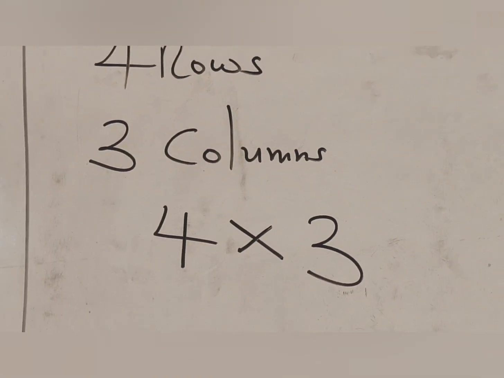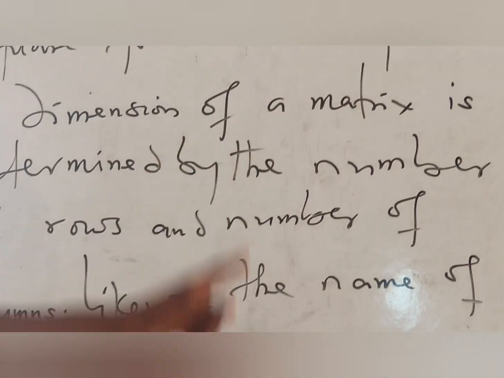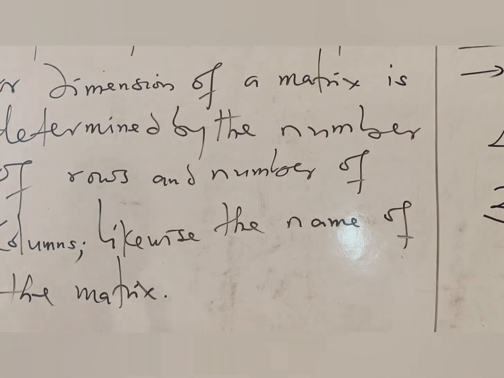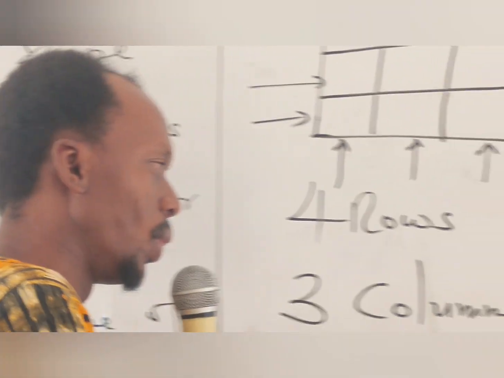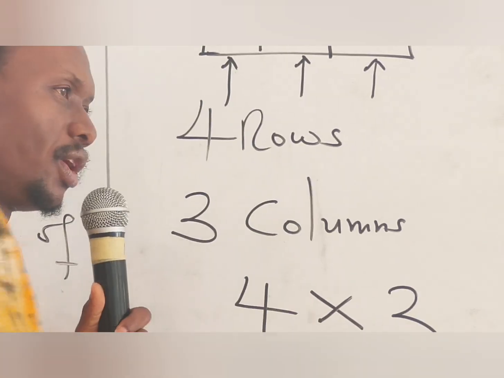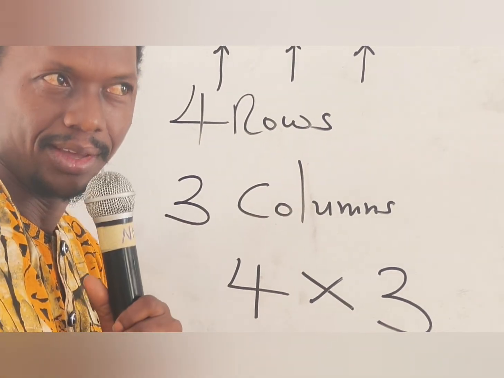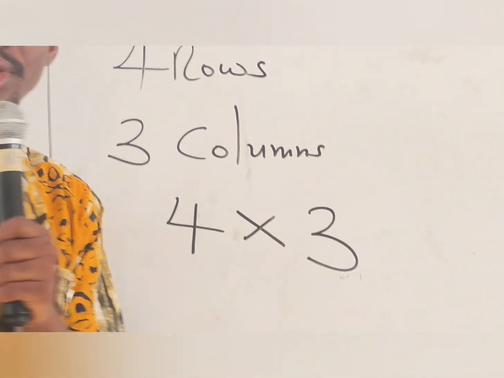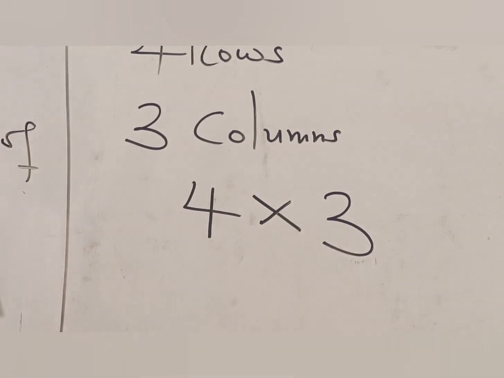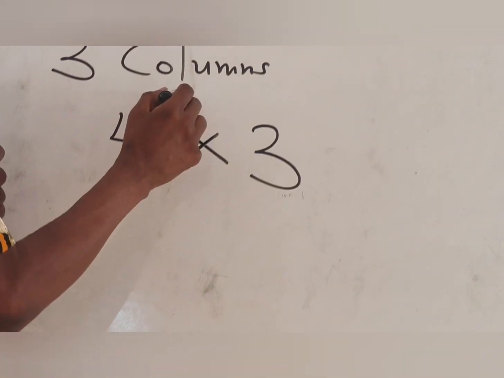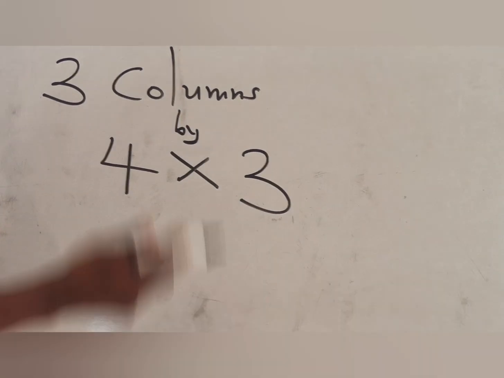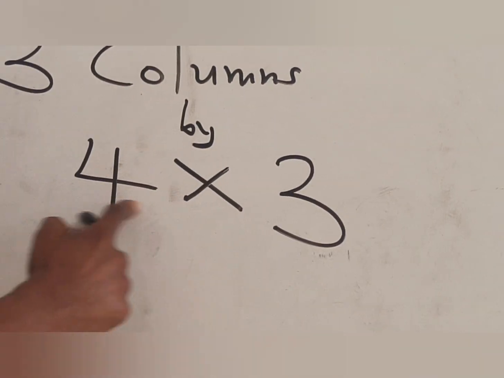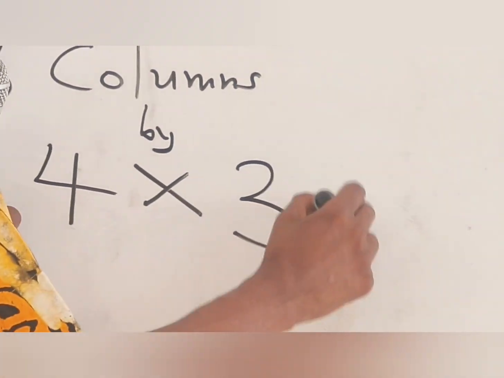The number of rows and the number of columns determine the shape, dimension, or the name of the matrix. So we say a 4 by 3 matrix.